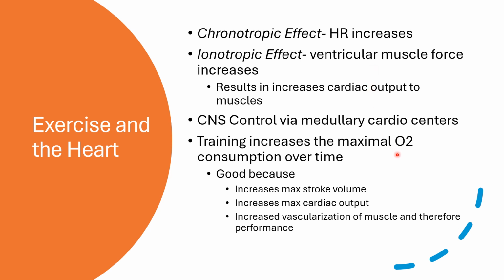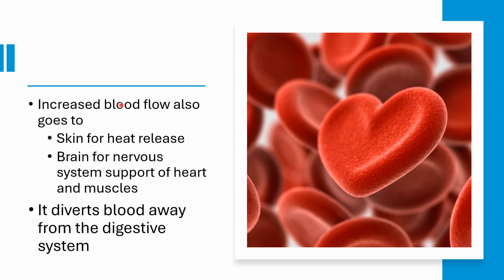Remember, cardiac output is going to increase oxygen movement to your muscles, and therefore it's going to increase the muscle efficiency in response to whatever exercise you're doing. Increased blood flow also goes to the skin for heat release. So it helps if you have that higher cardiac output, you're able to release heat more efficiently and therefore keep the afterload down so the cardiac output can stay up.